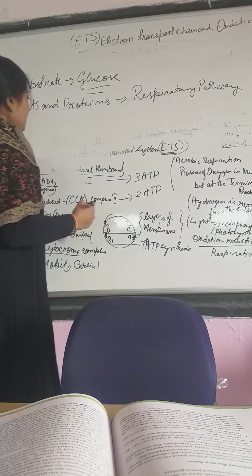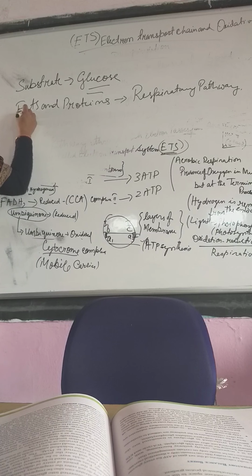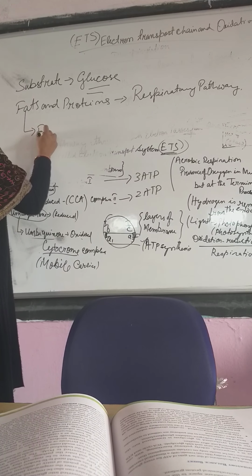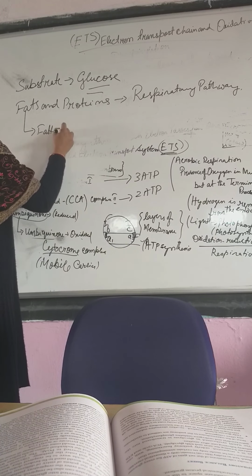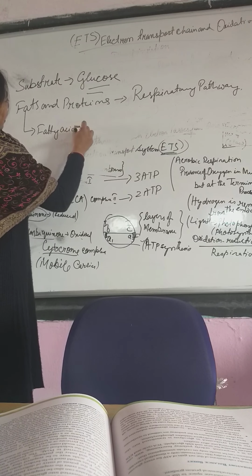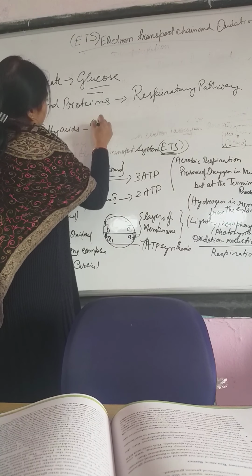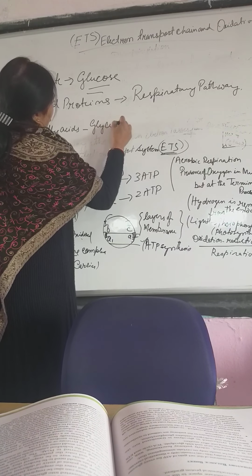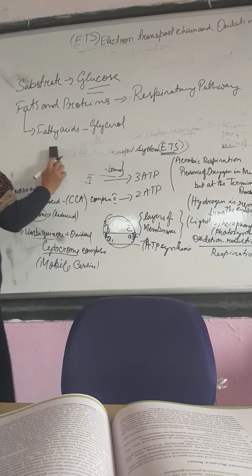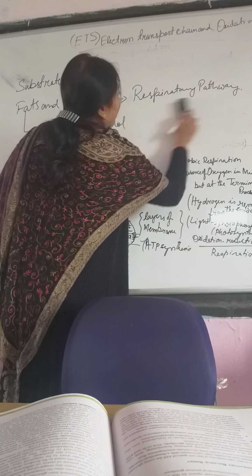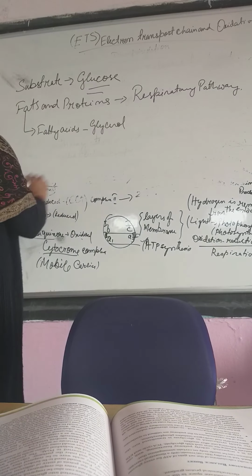Okay, now for example, fat. Fat is broken down into fatty acid and glycerol.